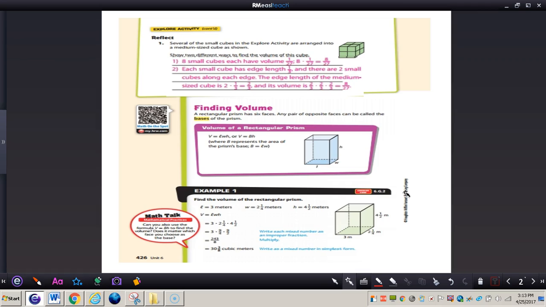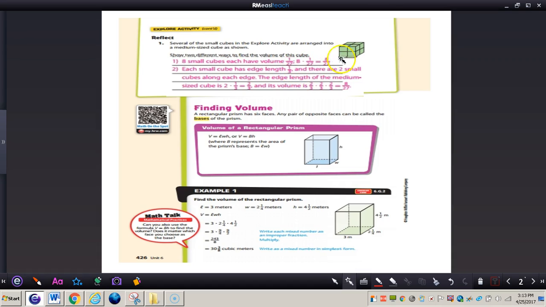The first way: 8 small cubes each have a volume of 1/27. In other words, remember the total unit that we see on page 425 is 27 total cubes equal to 1 unit. So we have 8 small cubes with a volume each of 1/27 of the total.